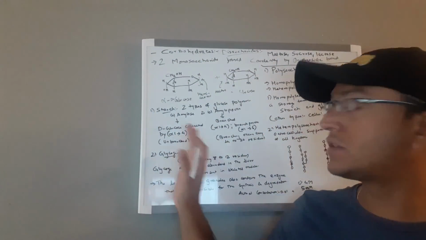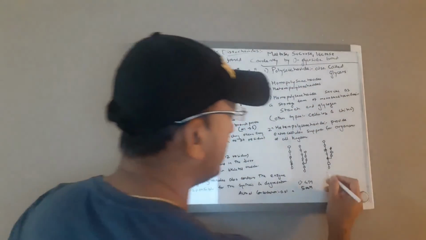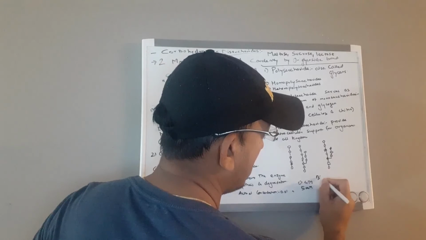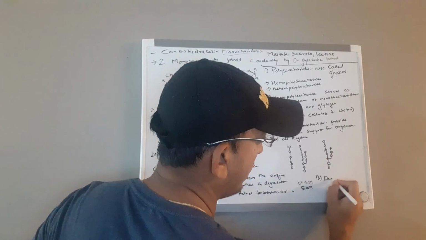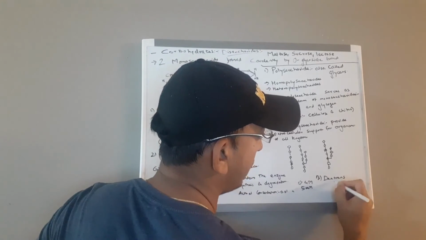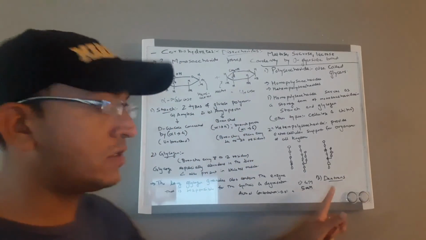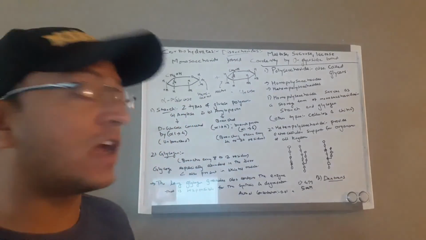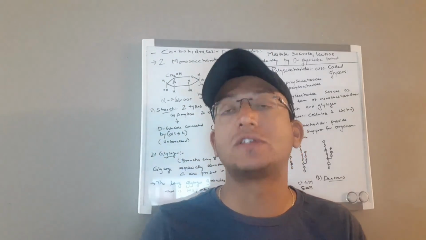Right? Beside starch and glycogen, there are dextrins. These dextrins are bacterial and yeast polysaccharides.